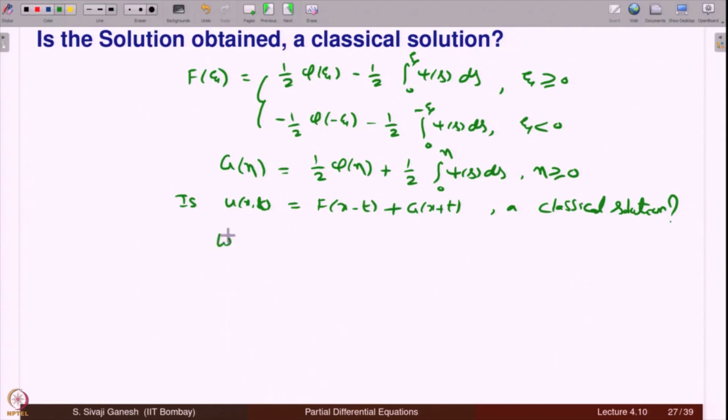Or when will it be a classical solution? That means we are indirectly asking for conditions on phi and psi, whether they need to satisfy any extra conditions, which we sometimes call compatibility conditions. We are looking for such things. Are such conditions necessary, or is it automatic? When will it be a classical solution? That is the question.